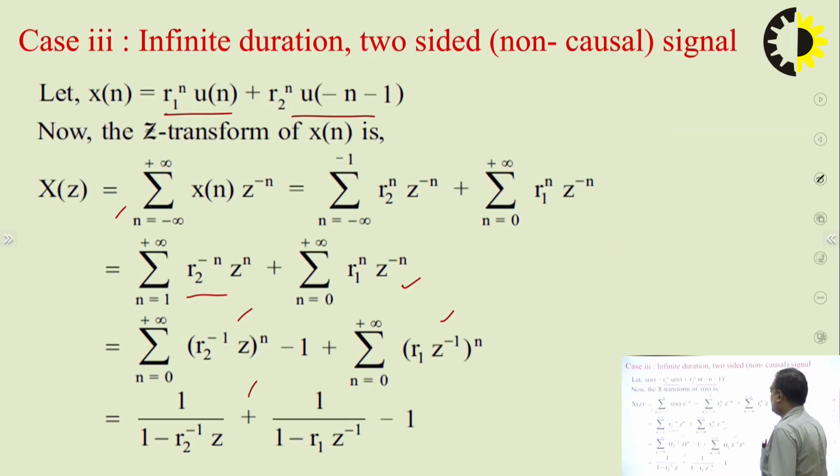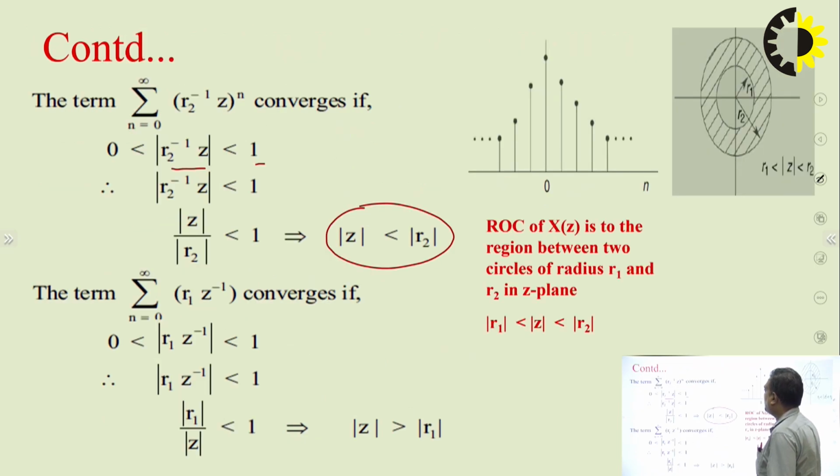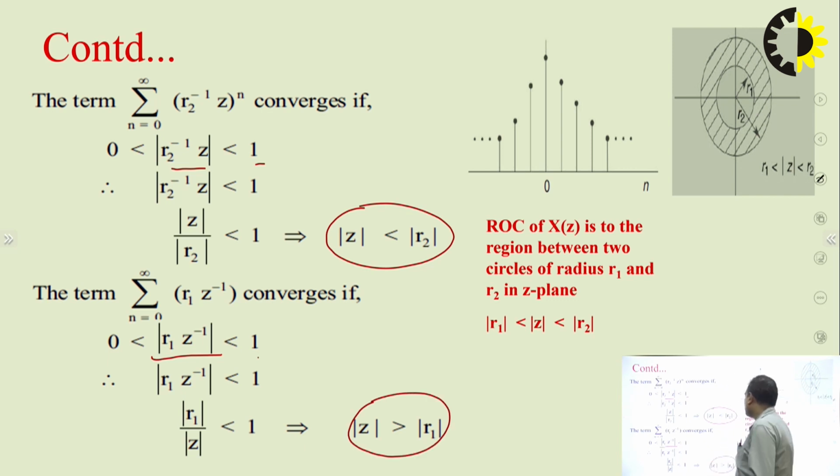For the second term, R1 z to the power minus 1 to the power n converges only when R1 z to the power minus 1 converges. Here we have taken this value less than 1, and from here we get mod z is greater than R1. So overall the ROC of X(z) is the region between two circles of radius R1 and R2 in the z plane.